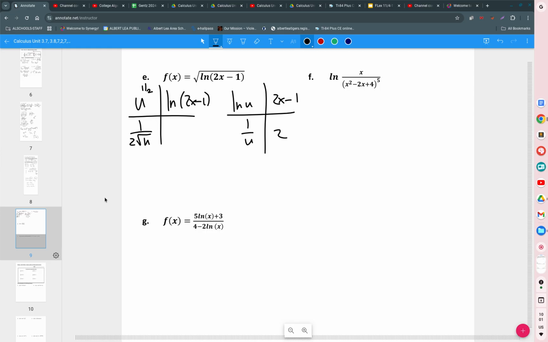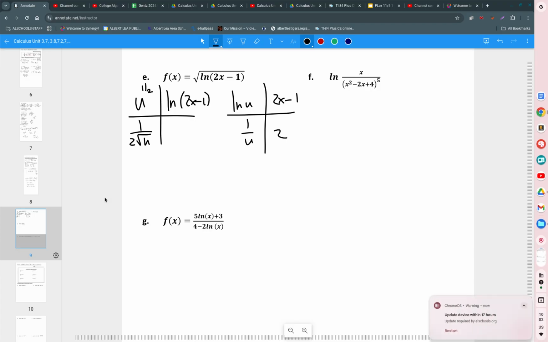I just have the chain rule twice. I have the square root of the natural log, so it starts as a setup as u to the 1/2. See that? And then on the inside, natural log of 2x minus 1 is going to require the chain rule again.